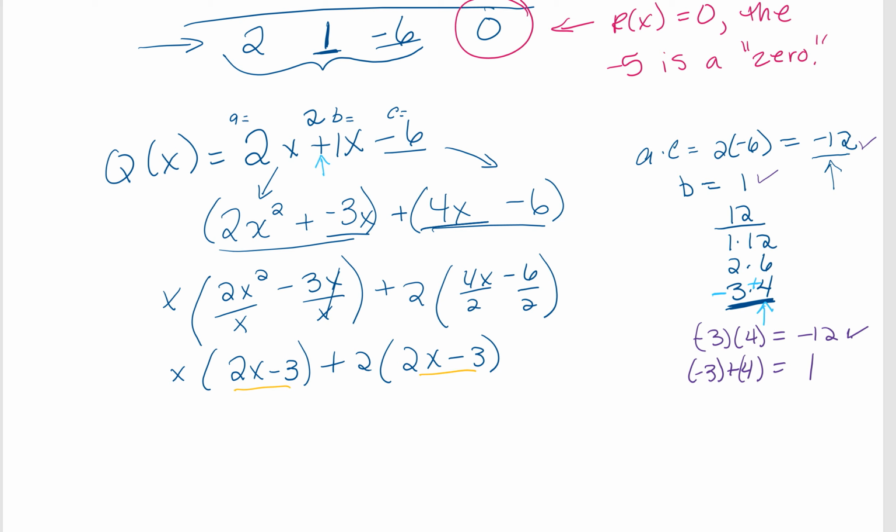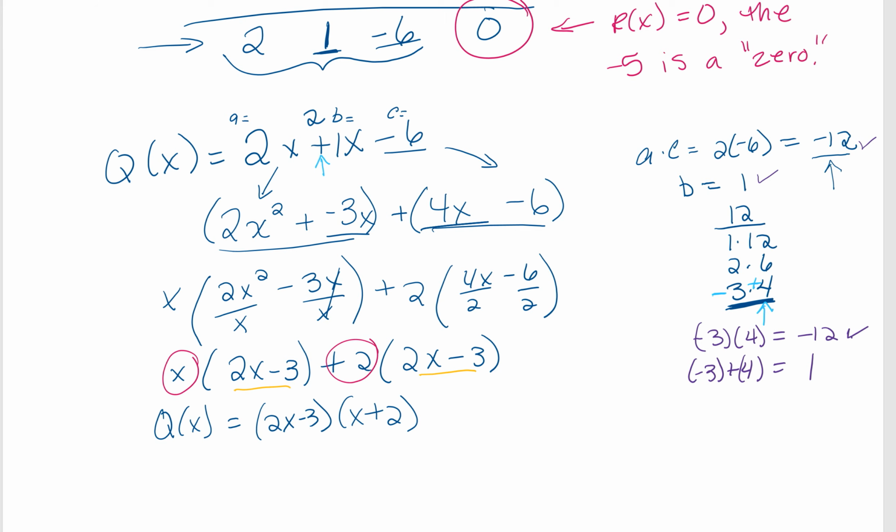So I'm going to factor out the new GCF, which is our common parentheses, 2x minus 3. And the numbers in the front here, x plus 2, become your other factor. So my quotient here is 2x minus 3 and x plus 2.